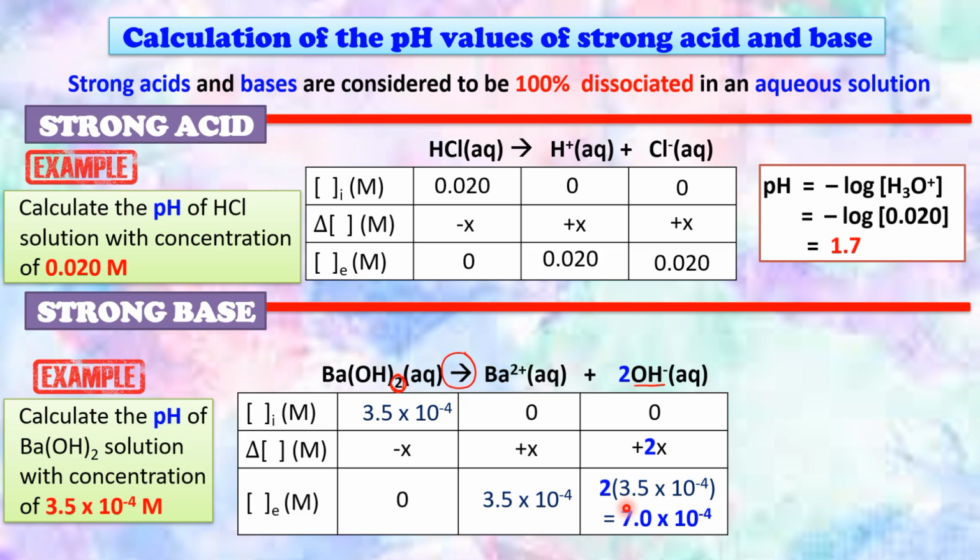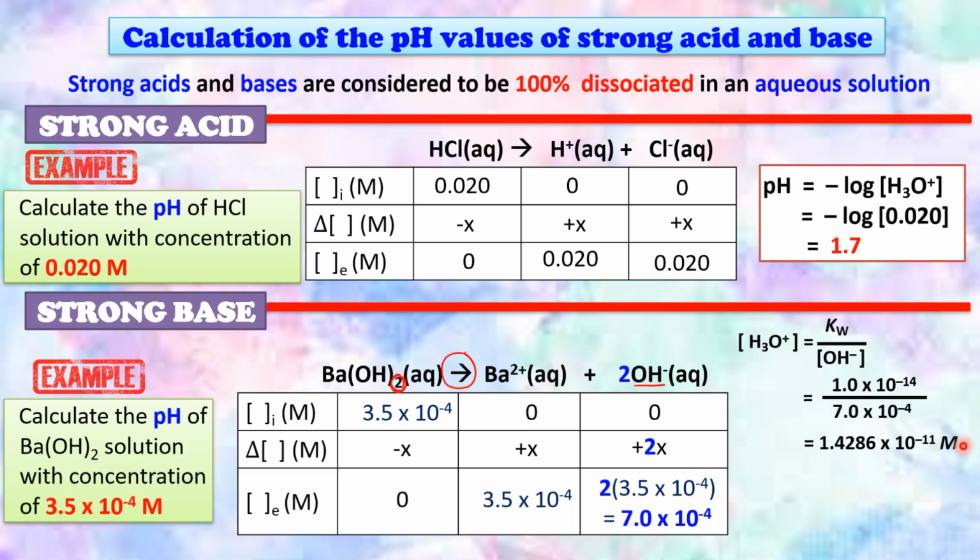Therefore you have to use the Kw expression here to calculate the concentration of H3O+. Kw is a constant, 1 times 10 power negative 14. Substitute the concentration of OH- at equilibrium, and you will get the concentration of H3O+. Don't forget to write the unit, molar.